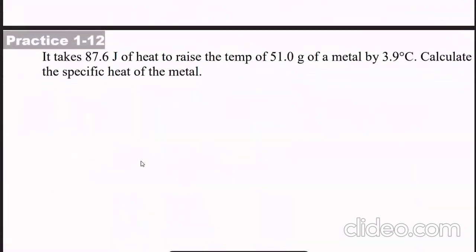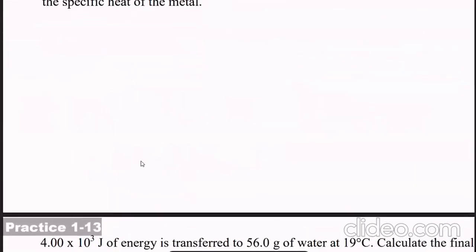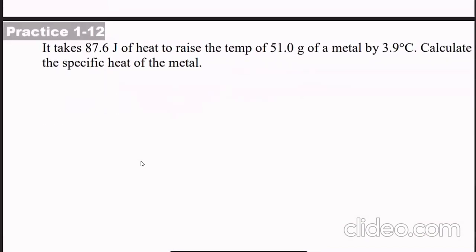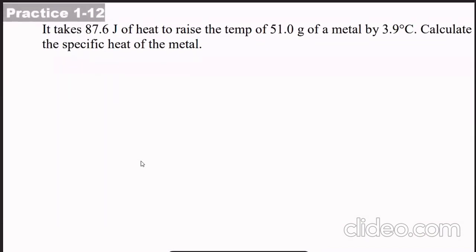You'll see this in tomorrow's lab, Lab number 2, and it'll be in the video that you watch for tomorrow's lab. Here we're going to calculate the specific heat of some metal. So here's our formula: Q is equal to mass times specific heat times the change in temperature.